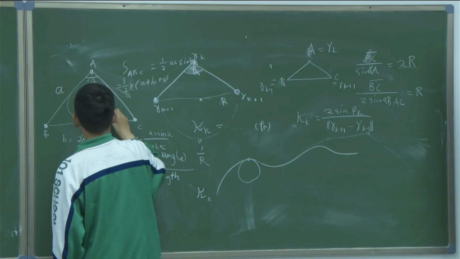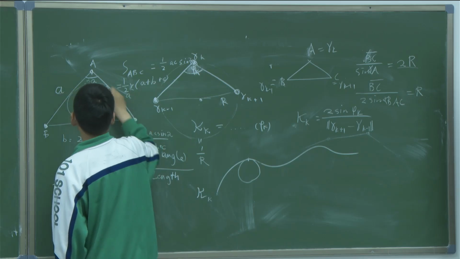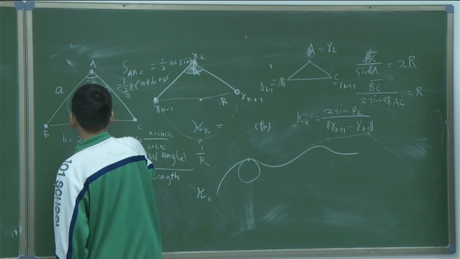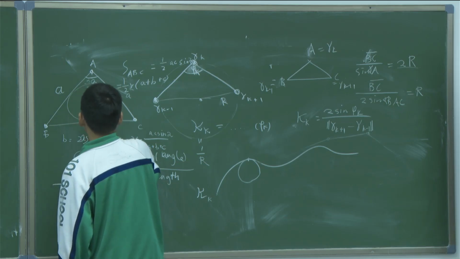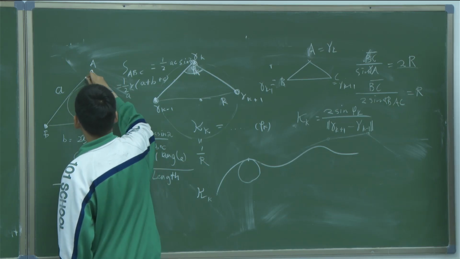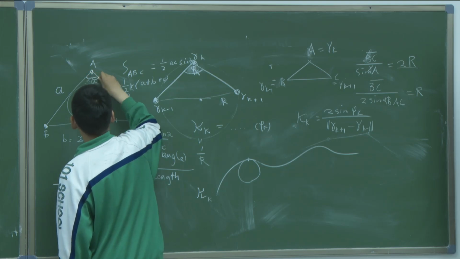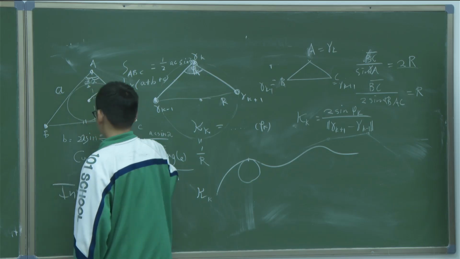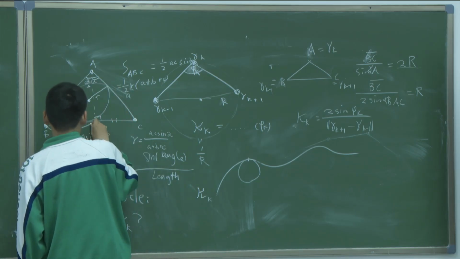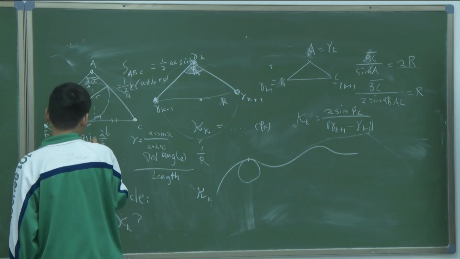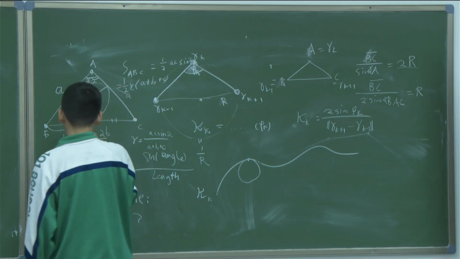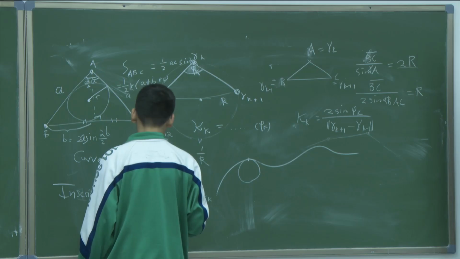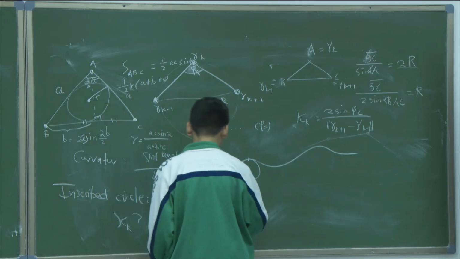If AB equals AC, so you have this line and this. Also this angle equals this angle, so this angle is alpha over 2. That's correct. So I have that B over 2 equals A sine alpha over 2. So B equals 2 A sine alpha over 2.